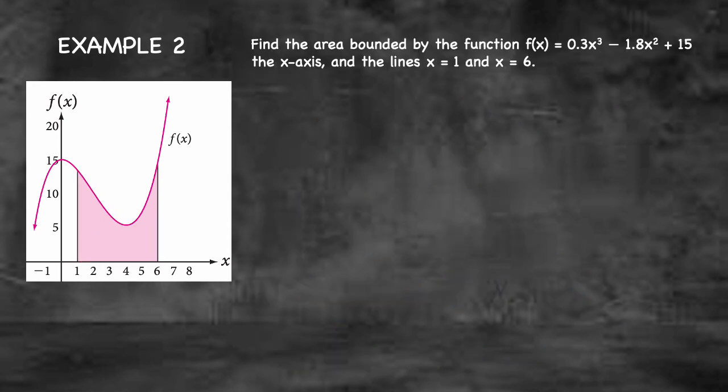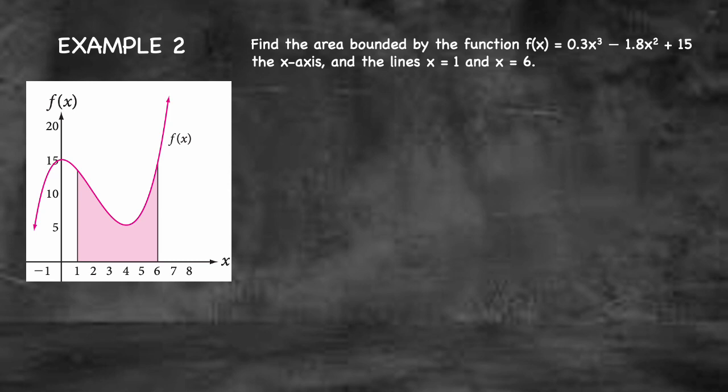So in example 1, we approximated the area under the curve using 4 rectangles, and then we got a value. If we had used, let's say, 5, 6, or 7 rectangles, the higher we go with the number of rectangles, we saw in the previous lesson that the more accurate that approximation is going to be.